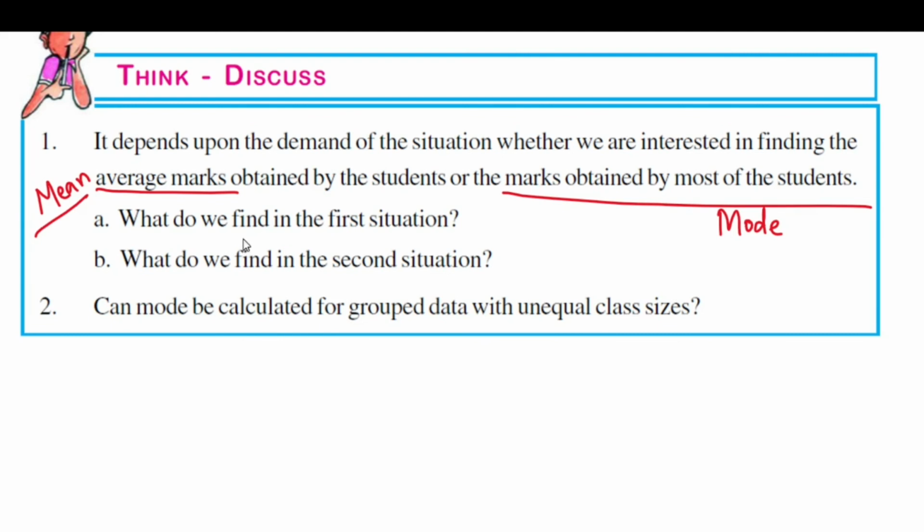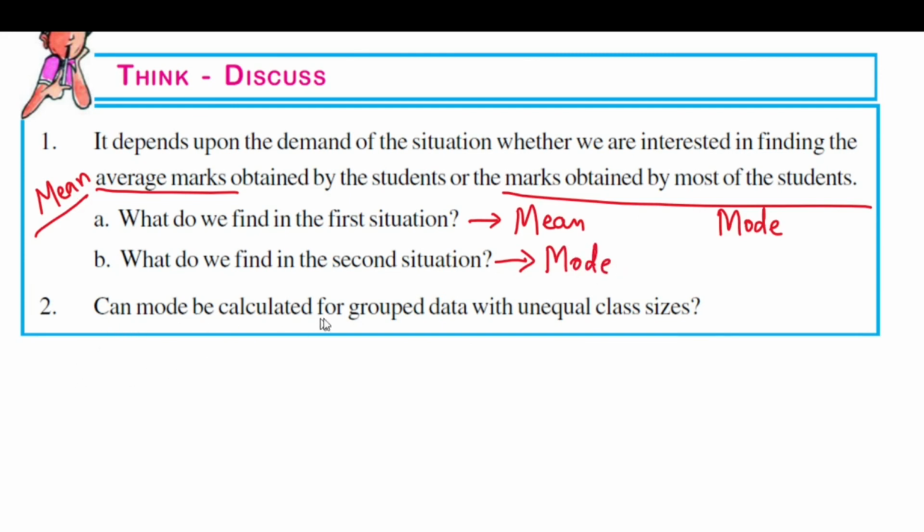What do we find in the first situation? First situation is finding average marks, so we find mean. What do we find in the second situation? Second situation is finding the marks obtained by most of the students, so we find mode.